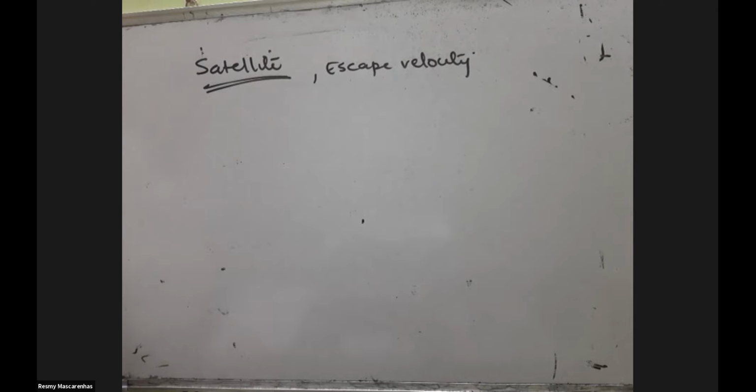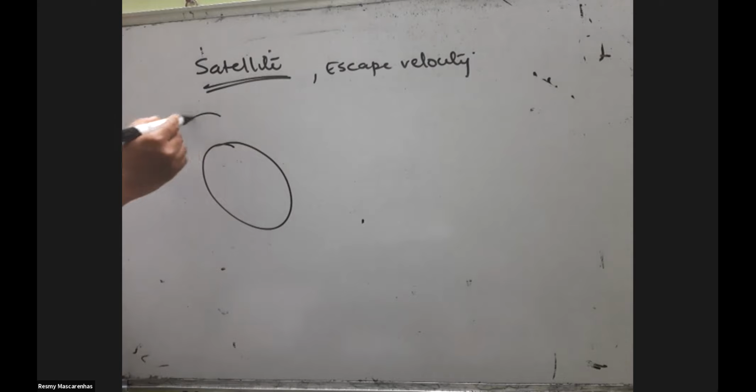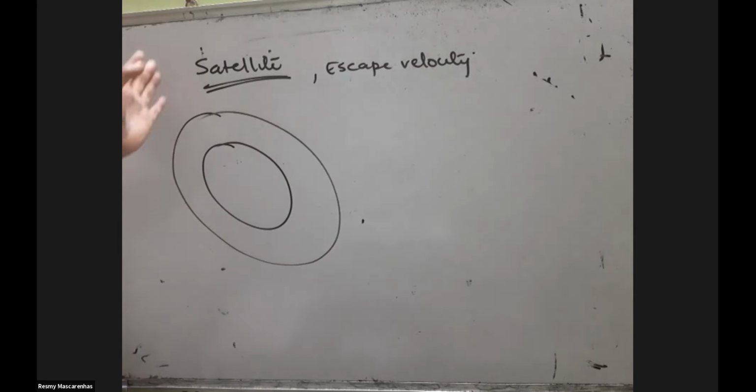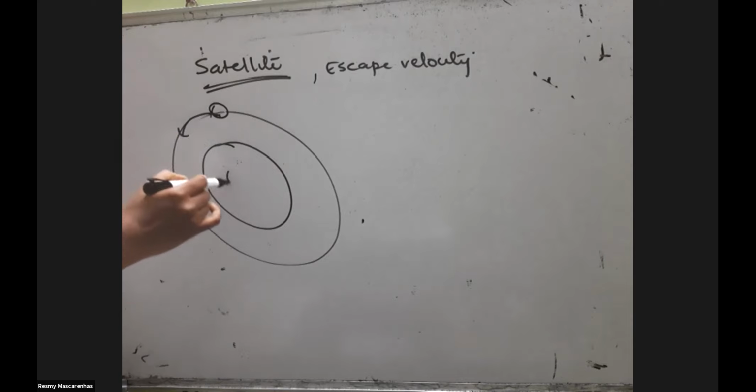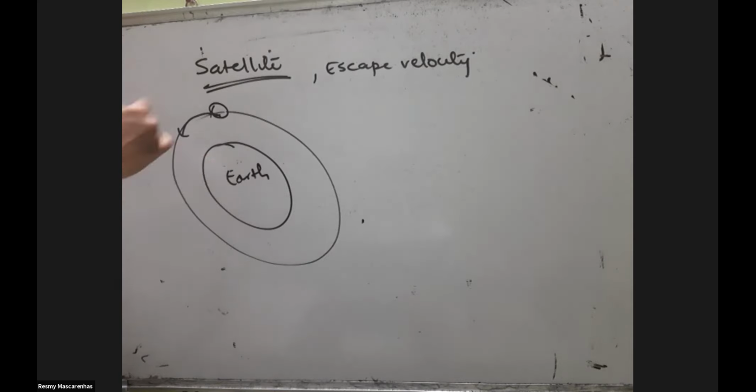Satellite is definitely, you know that any object, this is the Earth. So outside the Earth there will be an orbit. Any object which revolves around the Earth in a circular orbit under the influence of the gravitational force. If gravitational force was not holding it, it would fly away in the universe.